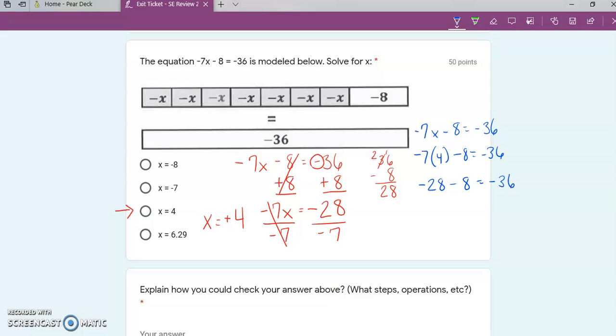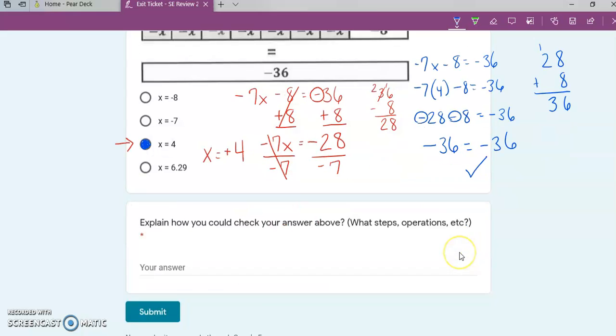Again, the 28 and the 8 are the same sign, so I can just add them together. 8 plus 8 is 16. I carry the 1. 2 plus 1 is 3. So that's 36, but again, they're the same sign, so I keep the negative. Is -36 equal to -36? Yes. So x is equal to 4 is my correct answer.